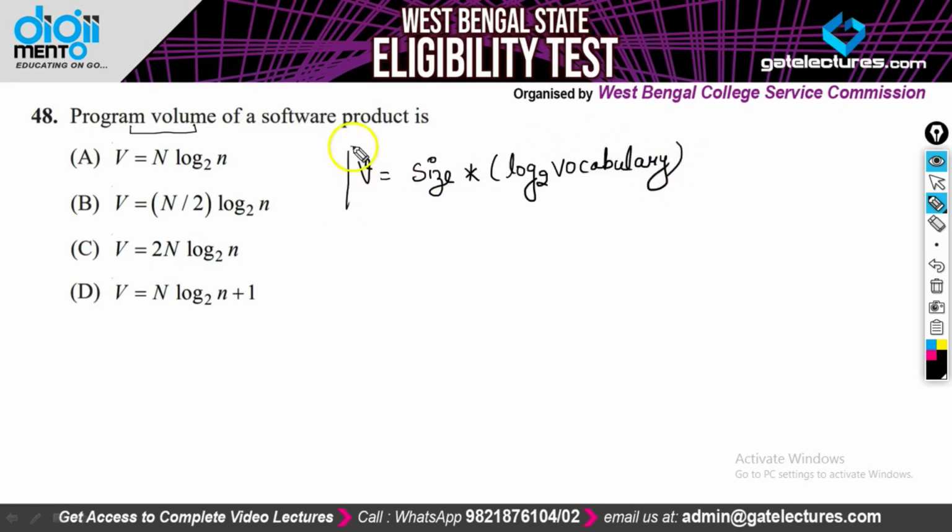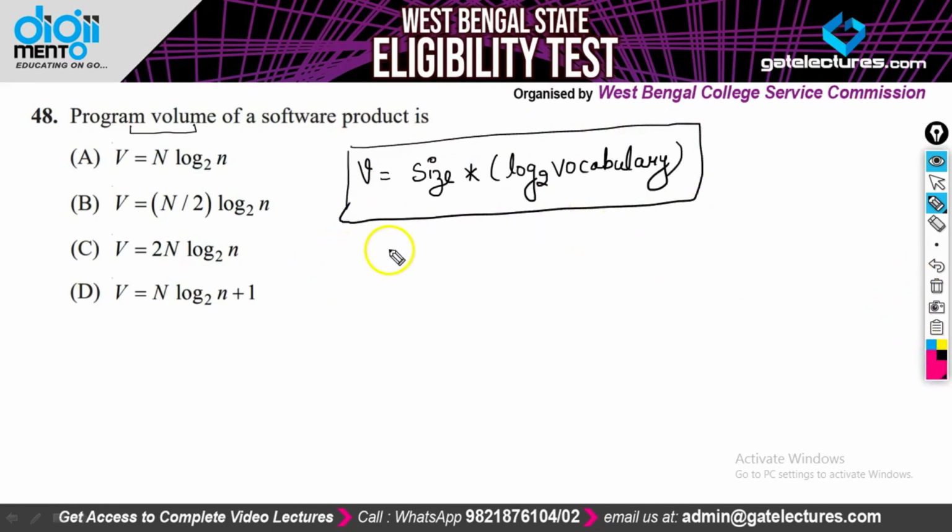In which size is calculated as n1 plus n2. Now, where n1 represents the occurrence of operators, and n2 represents the occurrence of operands.